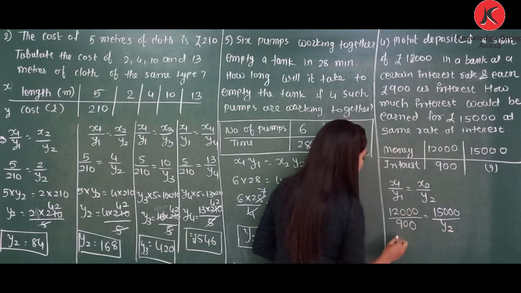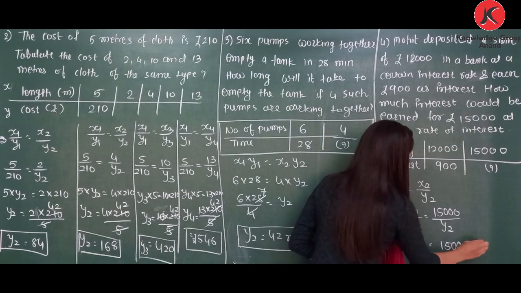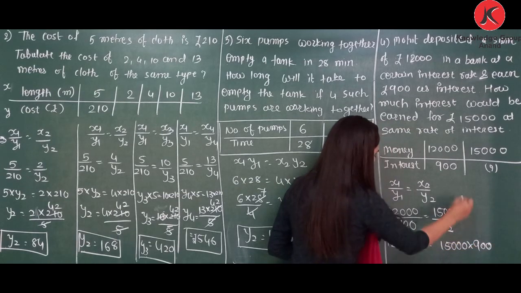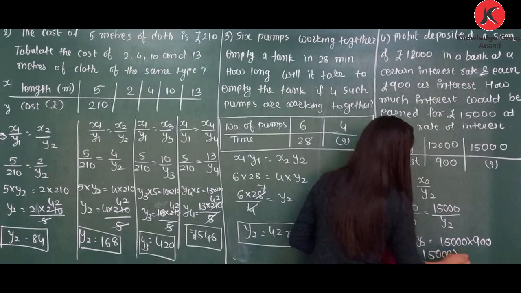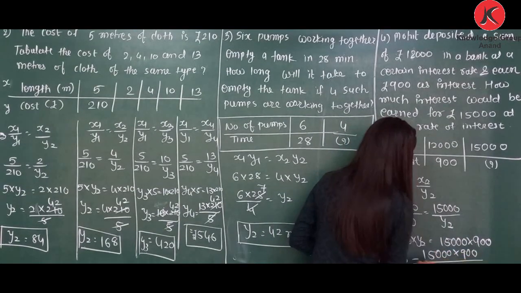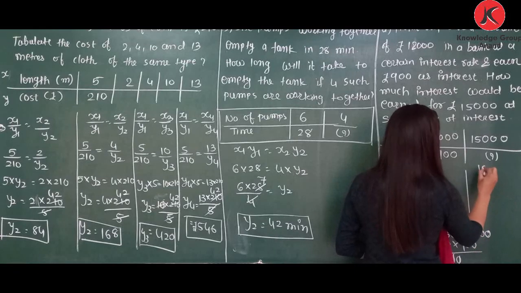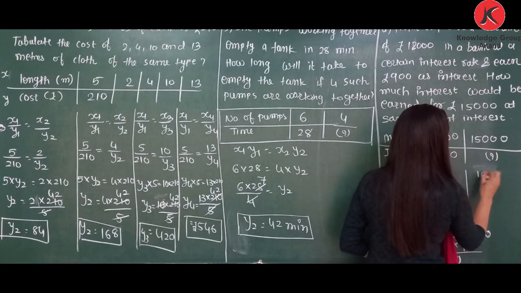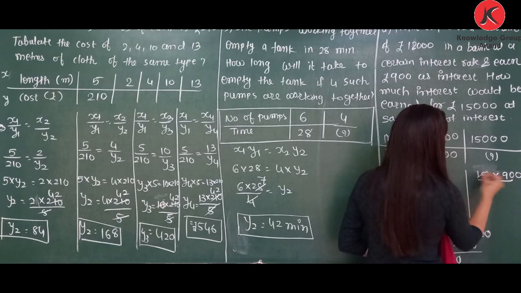Now by doing multiplication, 12,000 will be in the divide. y2 is equal to 15,000 multiplied by 900 divided by 12,000. 30 will be cancelled out. So here we have 15 multiplied by 900 divided by 12.